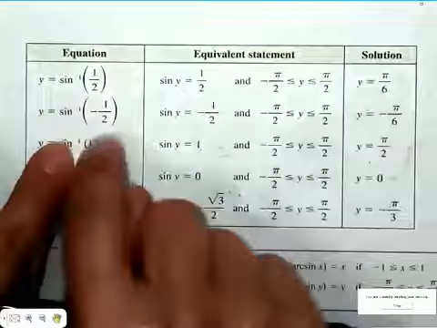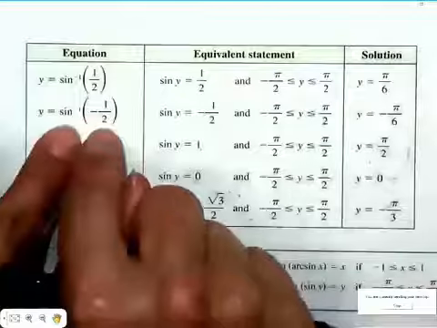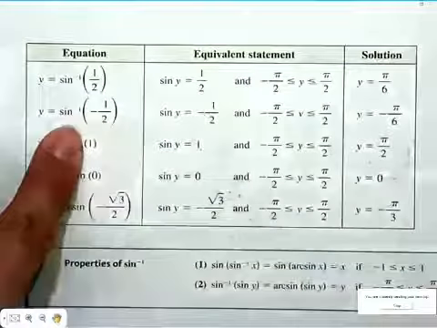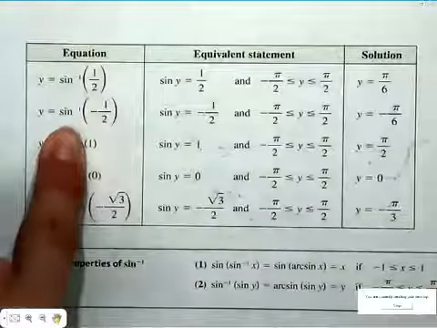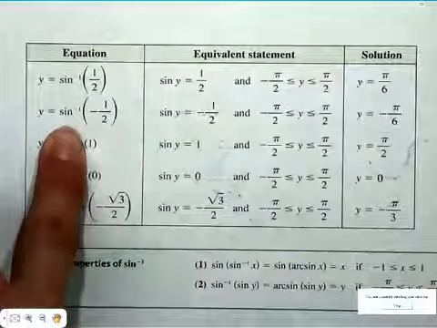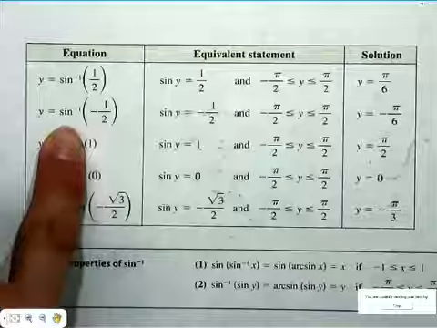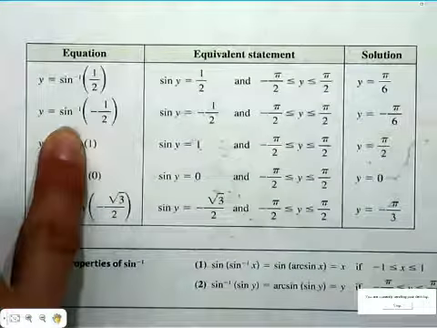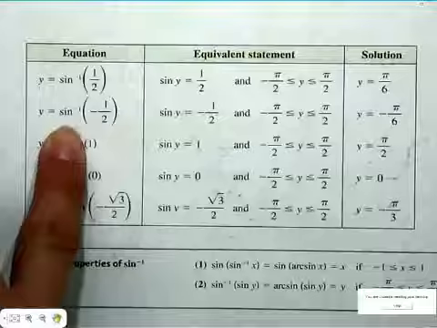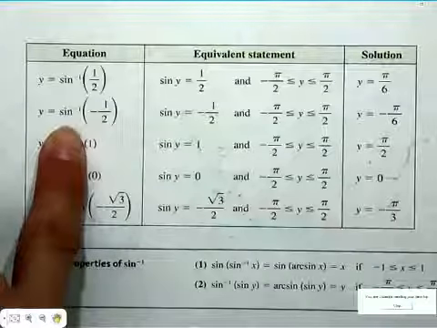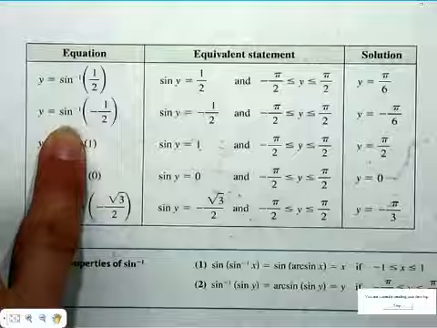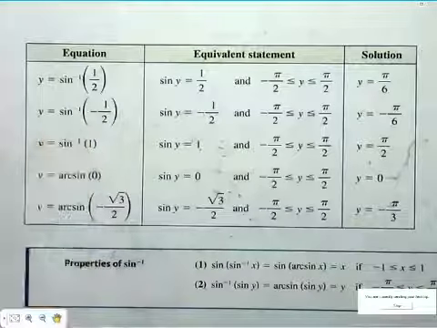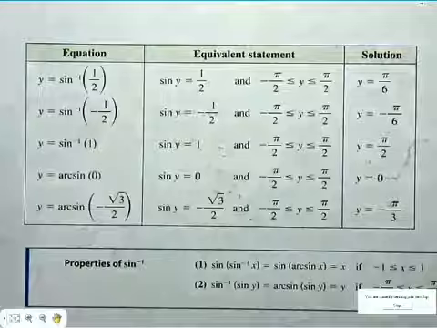Inverse sine of negative 1/2: well, there are 2 angles whose sine is negative 1/2. One is in the fourth quadrant and one's in the third quadrant. Which one is inverse sine going to give us? The one in which quadrant? The third or the fourth? What did you just write? Right here.